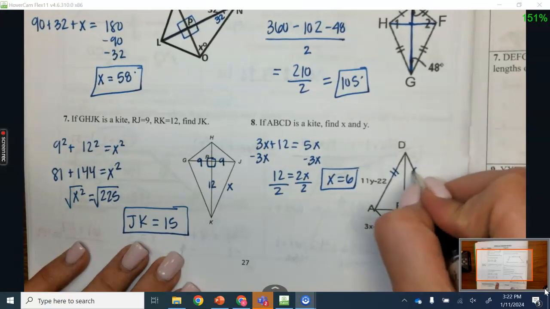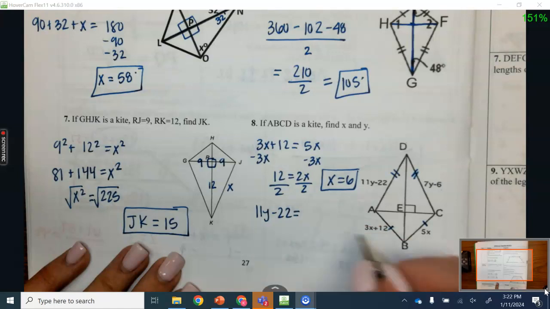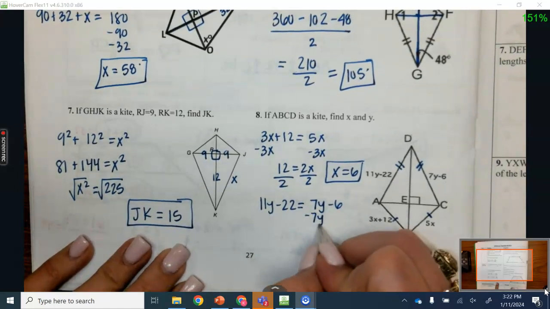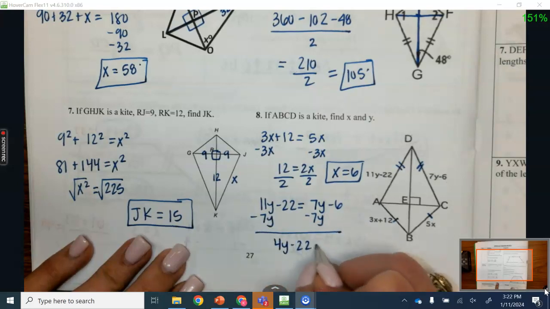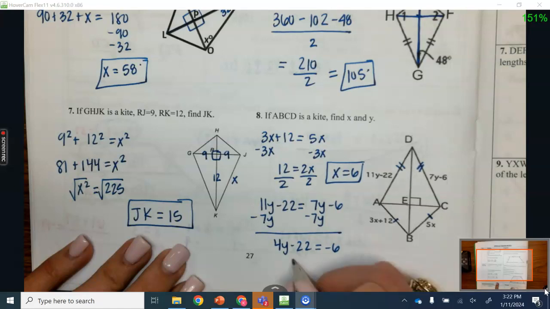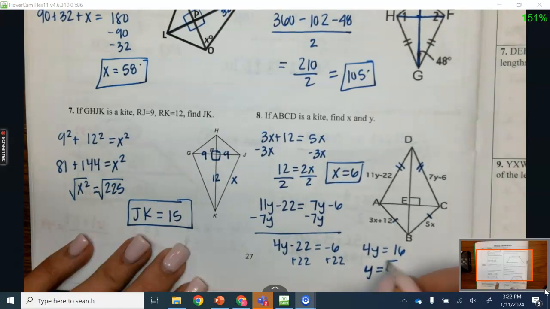And then over here, AD is congruent to CD, so 11y minus 22 is equal to 7y minus 6. Subtract over 7y. 4y minus 22 is equal to negative 6. Add over 22. 4y would be equal to 16. Divide by 4. Y is equal to 4.